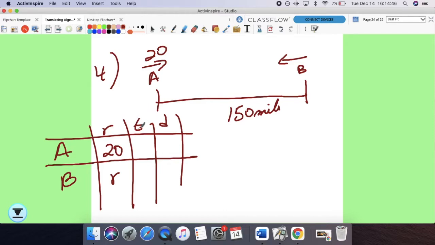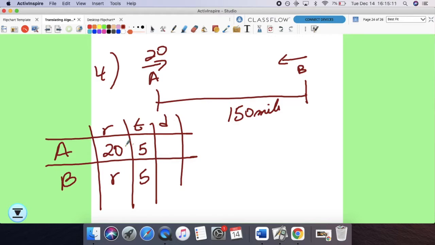The time is 5 hours for both. What rate must B travel if they are to meet in 5 hours? So how fast does train B have to be in order for them to meet in 5 hours?